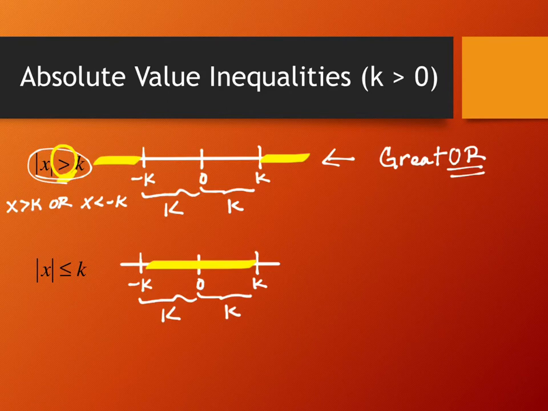Okay? The second one tells you that you're sandwiched in between. You're trapped. So on this one, visually speaking, you're between negative k on the left and positive k on the right, and you get sandwiched in a triple inequality. We saw that way back at the beginning on that chart. Remember the triple inequality?